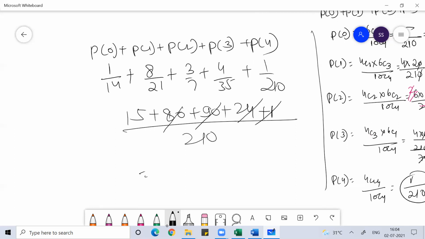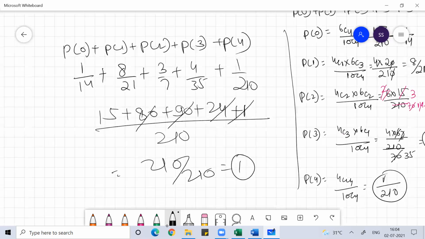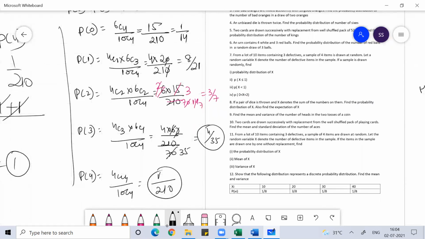So 210 by 210. You understood, right? So this way you can find the sum total of all the probabilities in the probability distribution. I hope this part is clear with everyone.